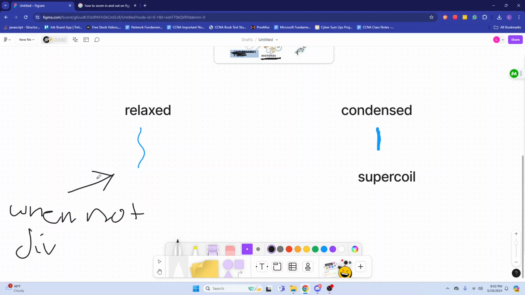So obviously, if the chromosome is relaxed whenever we're not dividing, it's going to be condensed when it is dividing, right? And this is for a specific reason.